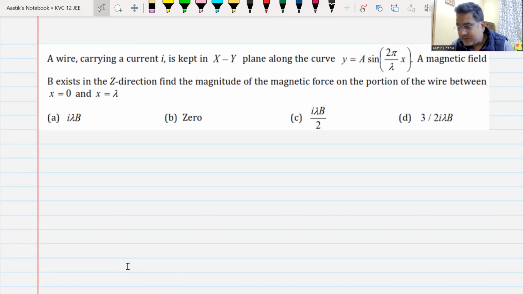A magnetic field B exists in the z direction. Find the magnitude of magnetic force acting on the wire between x is equal to 0 to x is equal to lambda. This is a question taken from your SCV. I don't remember the question number, but it is definitely from that book.